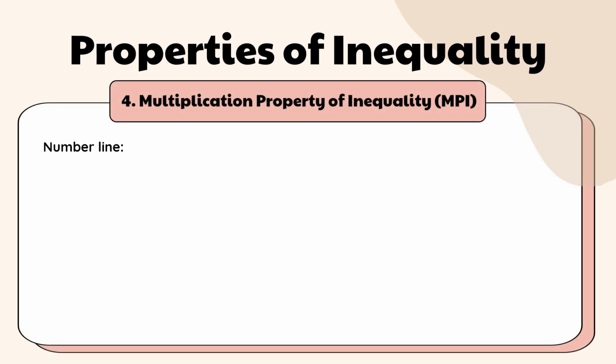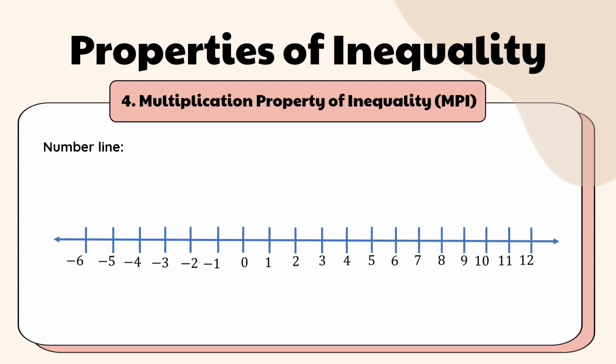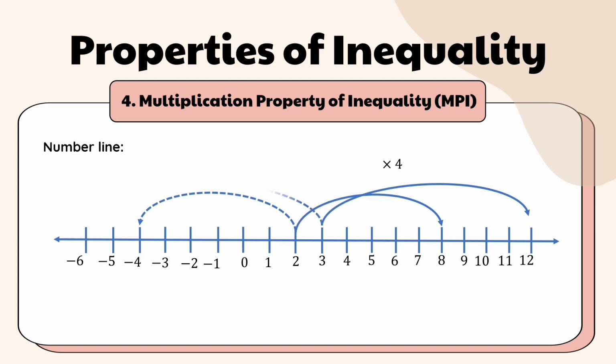So this property can also be visualized using the number line. We have here 2 times 4 is equal to 8, and 3 times 4 is equal to 12. And 2 times negative 2 is equal to negative 4, and 3 times negative 2 is equal to negative 6.